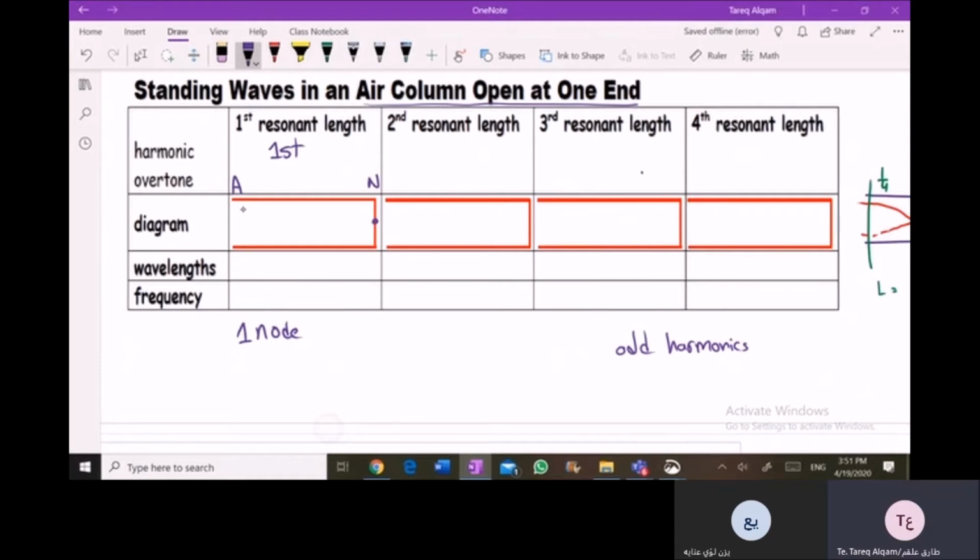This is the pattern of the wave that will be observed, because we have one node at the closed end and one antinode at the open end.